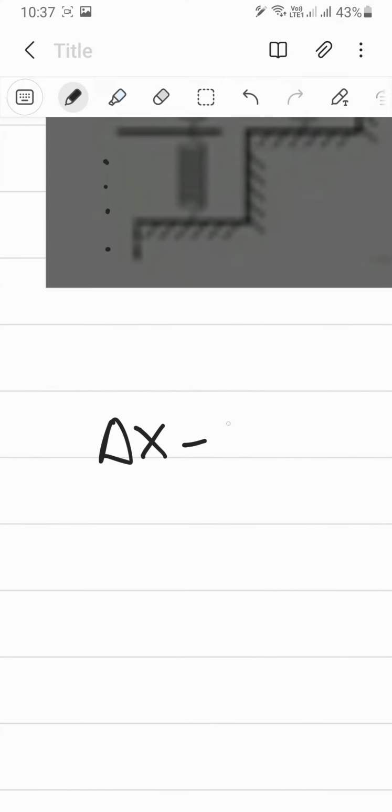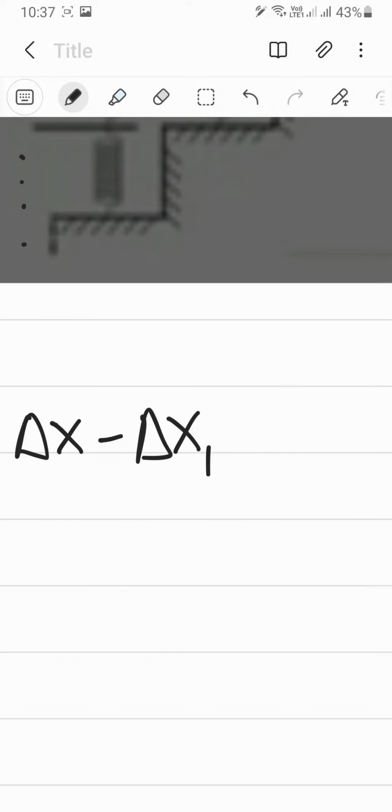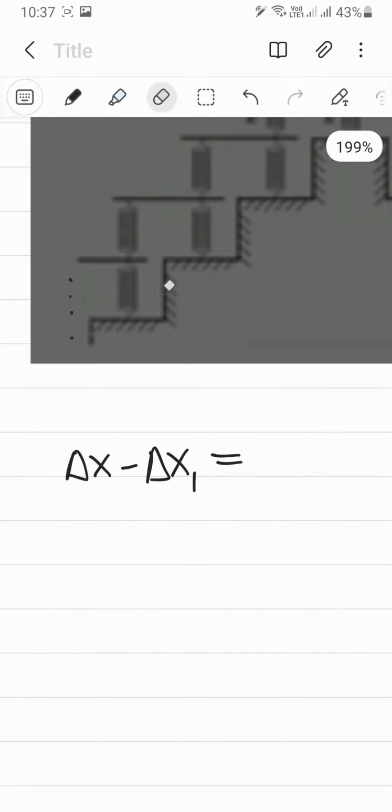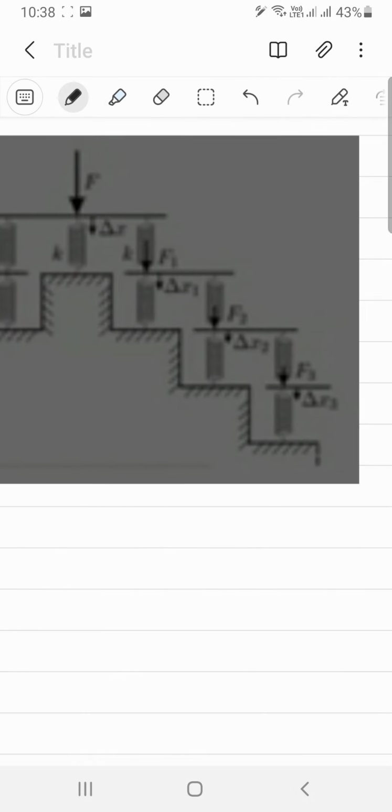This thing goes down by delta x1. So this will be delta x minus delta x1, right? That is what the force is proportional to. In fact, let's do it for any general platform.